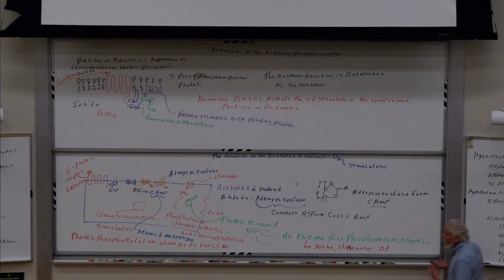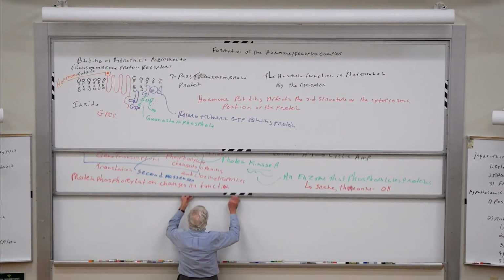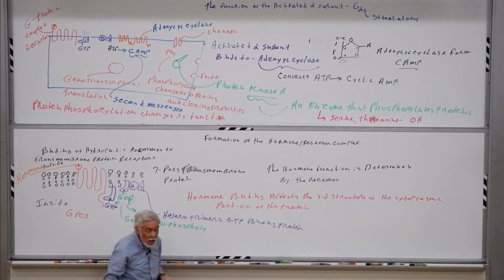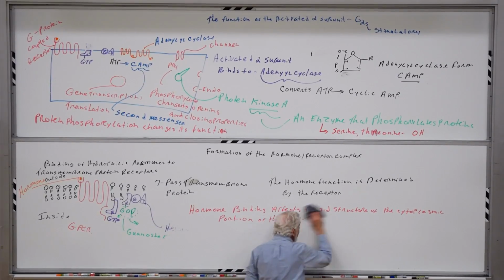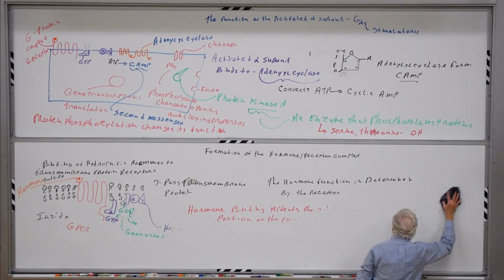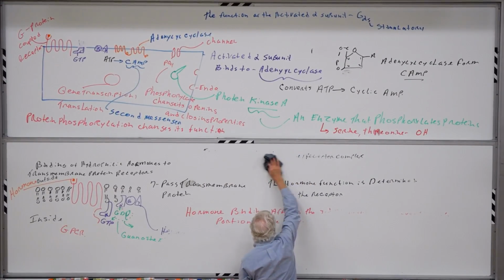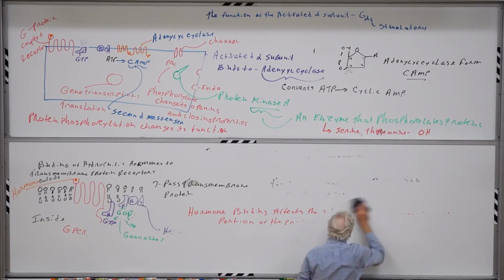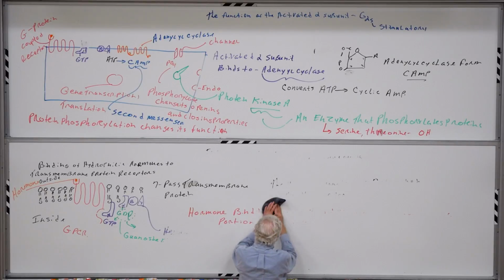Well, that provides a story for how these hydrophilic hormones affect cell function. But now let's take a couple of minutes and talk about the other characters that we discussed last time on Friday, which are the hydrophobic hormones. And you'll remember we talked about two major hydrophobic hormones.